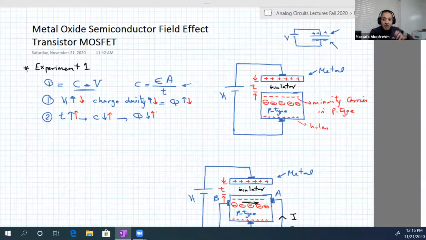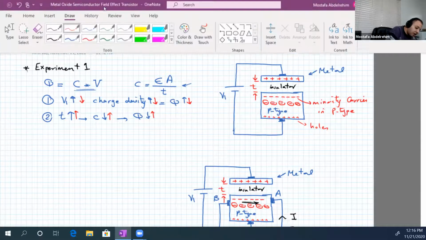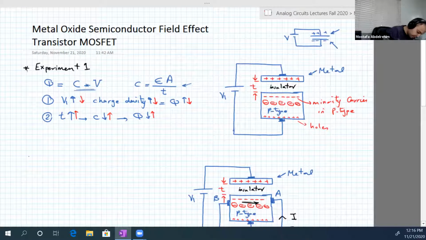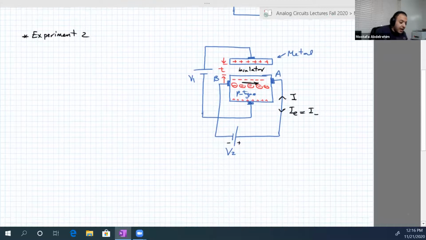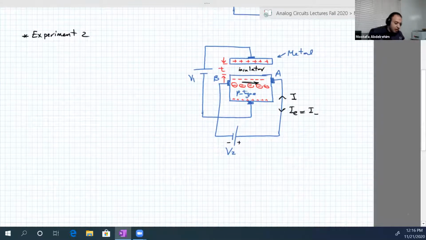Let's do now another experiment. We will call it experiment 2. It is the same setup, but now we're going to add another battery. Let's call it V2.